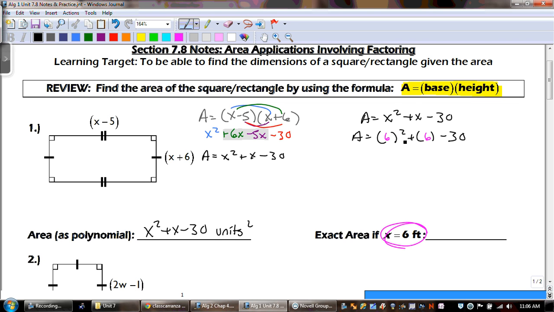And now we solve. 6 squared is 36 plus 6 minus 30. I don't have a calculator, so I just combined my like terms, which was 42. 42 minus 30 is 12. And feet squared, since we're talking about area.